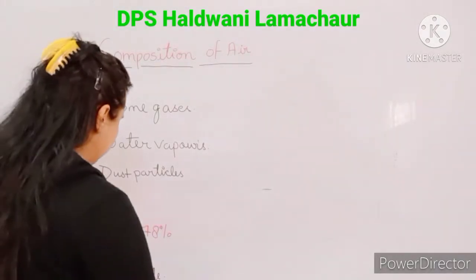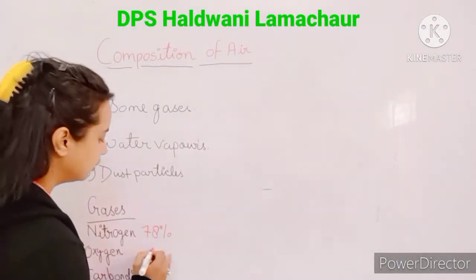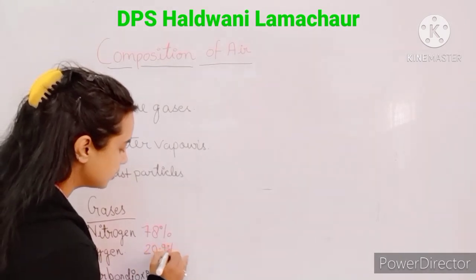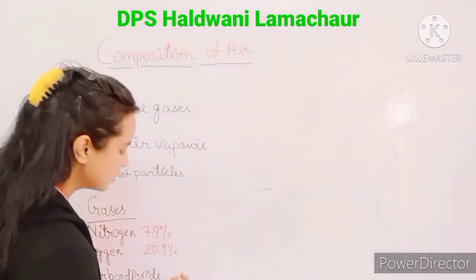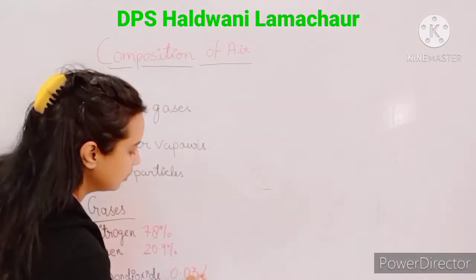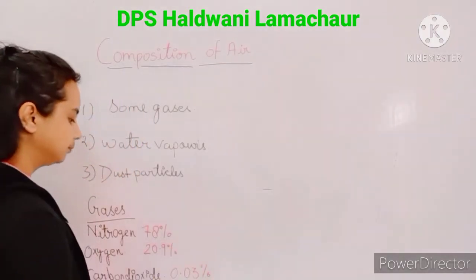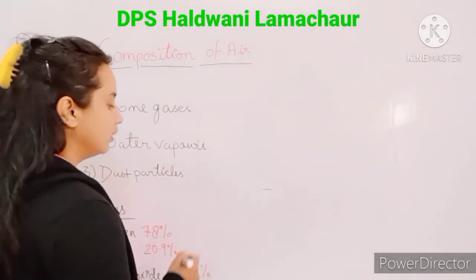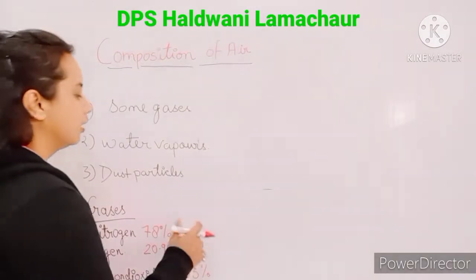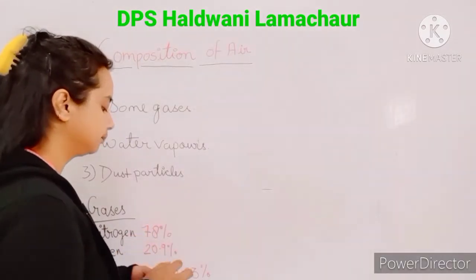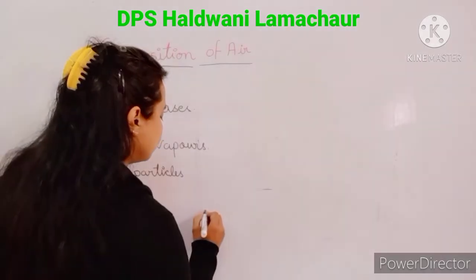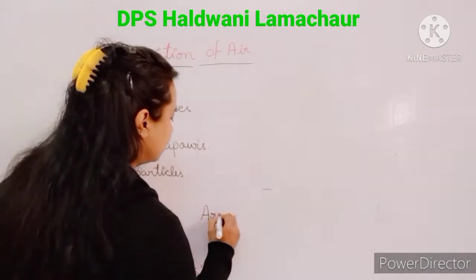Next, if we talk about oxygen, then it is 20.9%. Carbon dioxide is 0.03% only. And there is argon gas also.